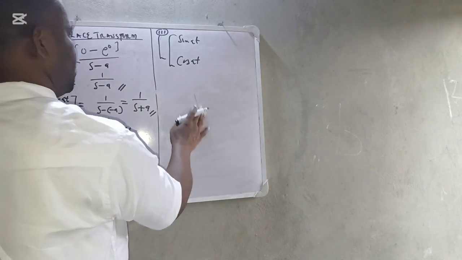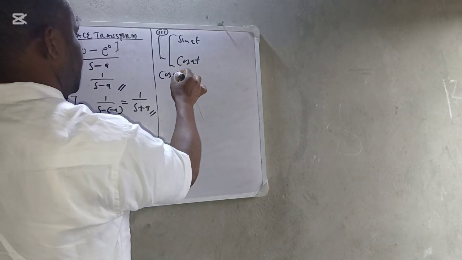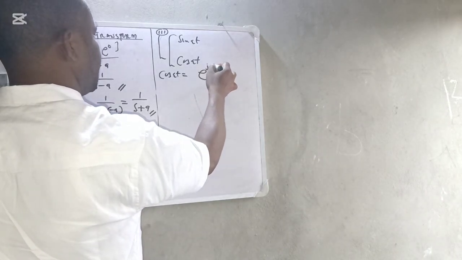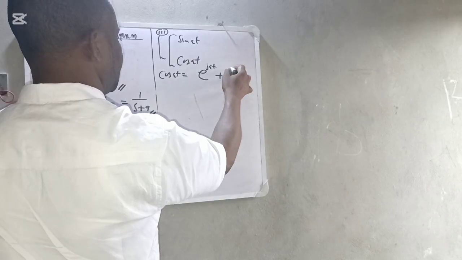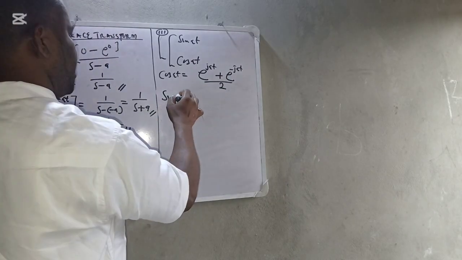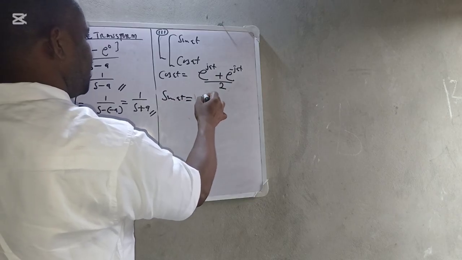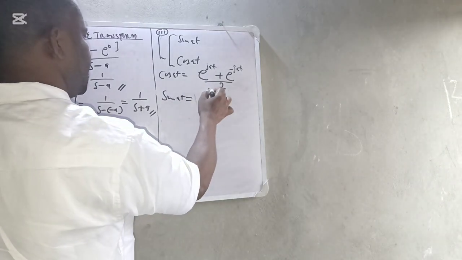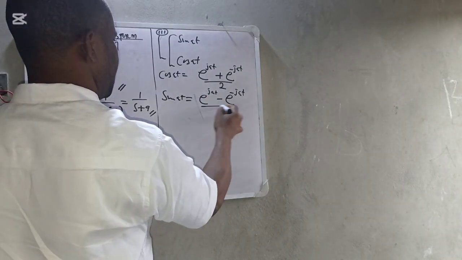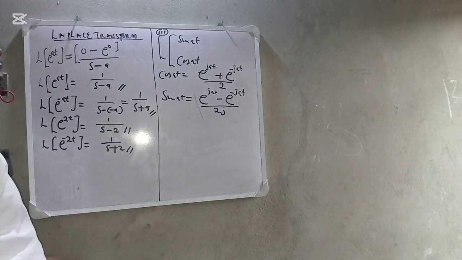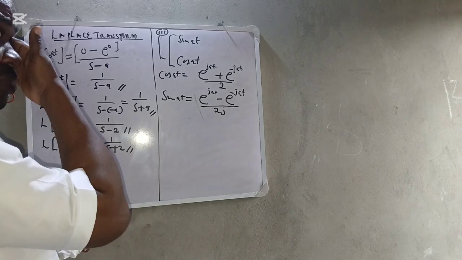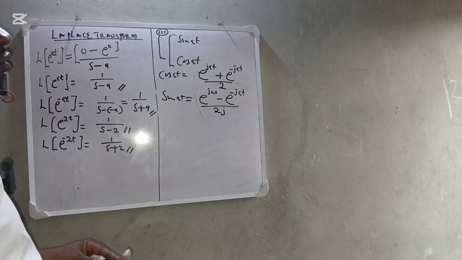We first of all introduce that cos at is the same thing as e to the jat plus e to the minus jat divided by 2, and also sine at is the same thing as e to the jat minus e to the minus jat divided by 2j.